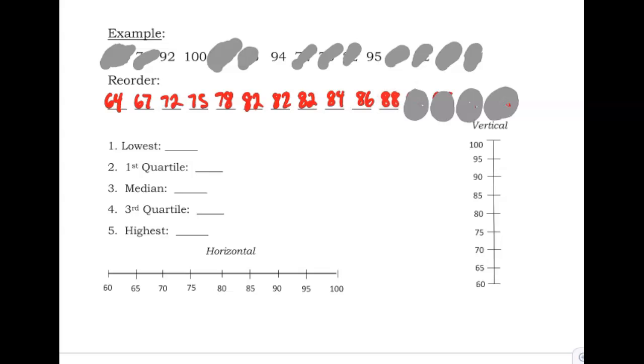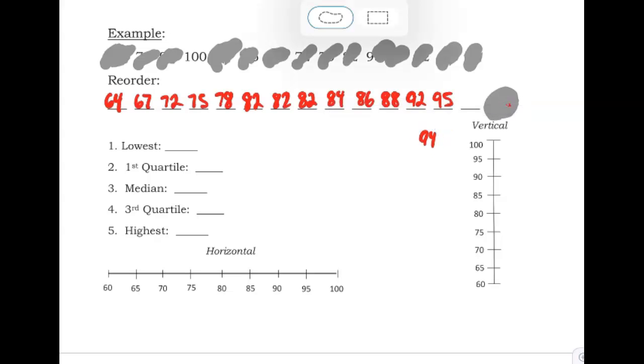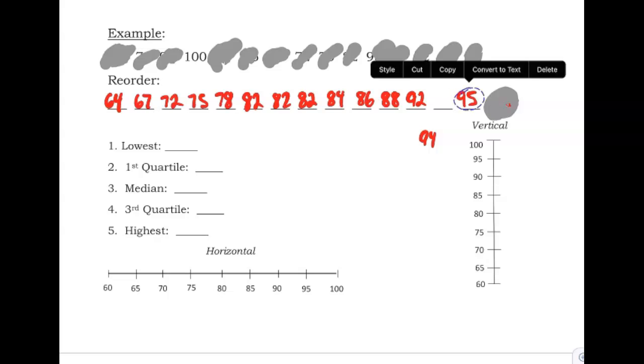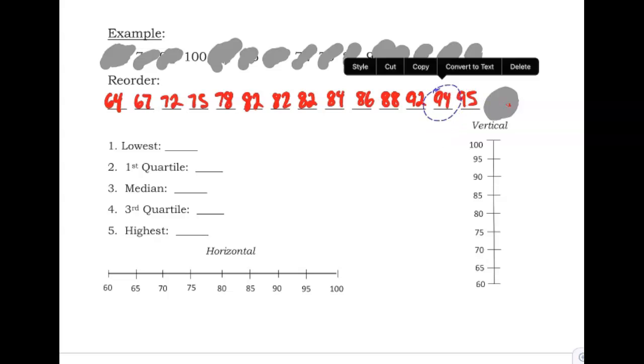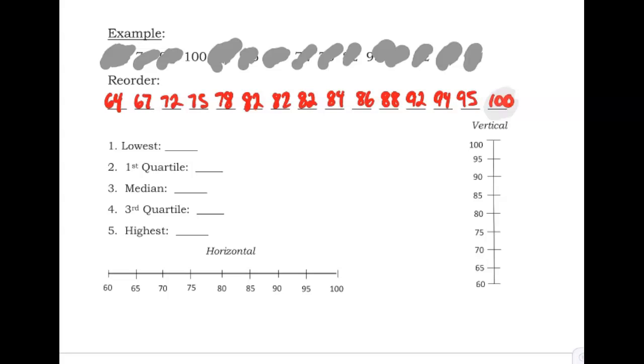And then I have the 90s, which is 92, 94, 95. That's out of order. There we go. 92, 94, 95, and obviously the 100 is at the end.